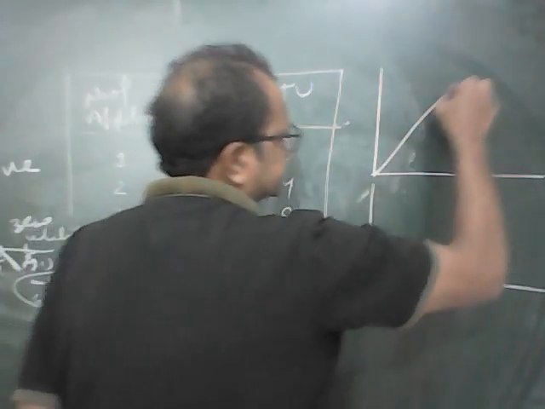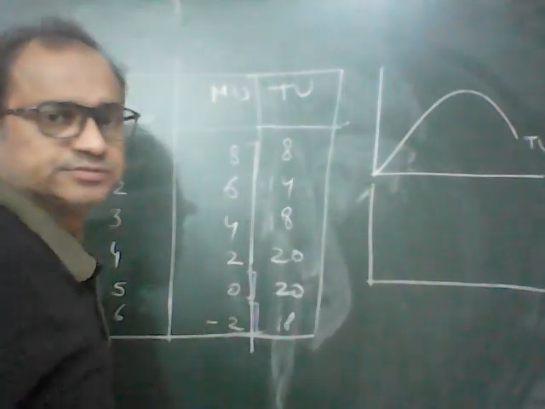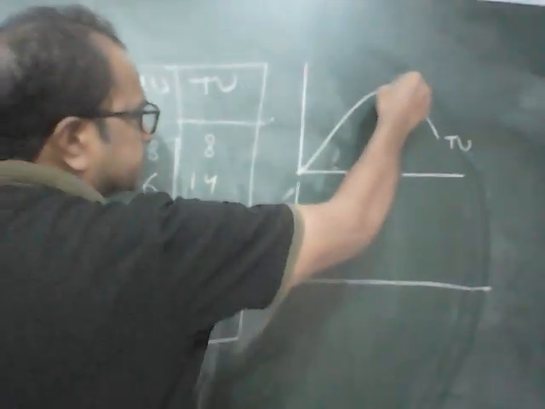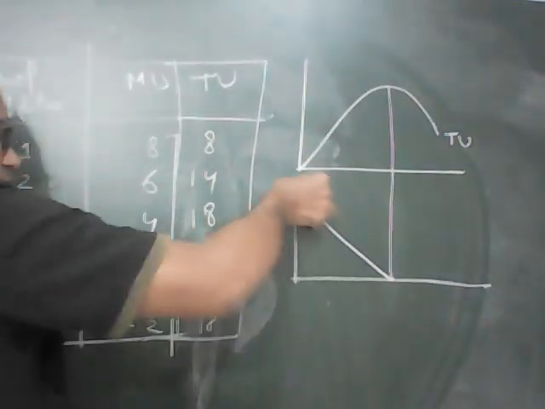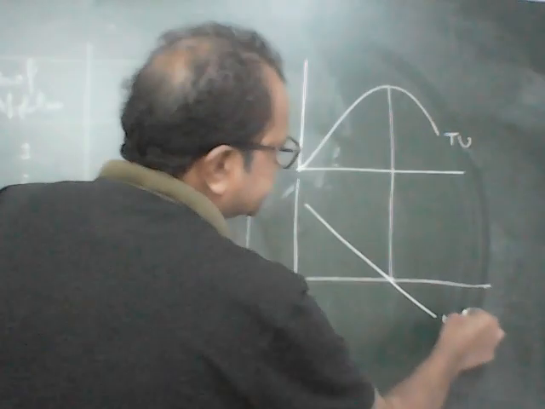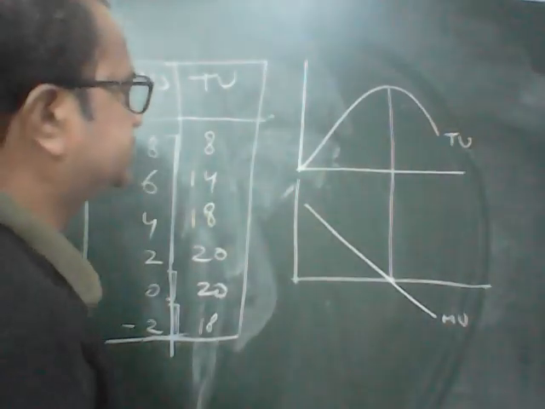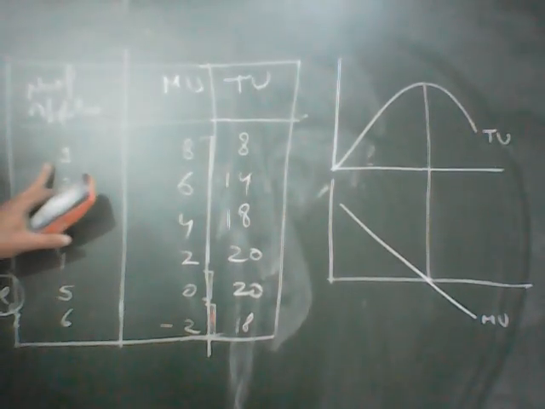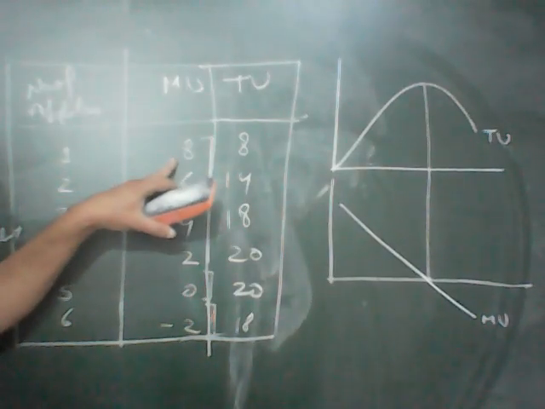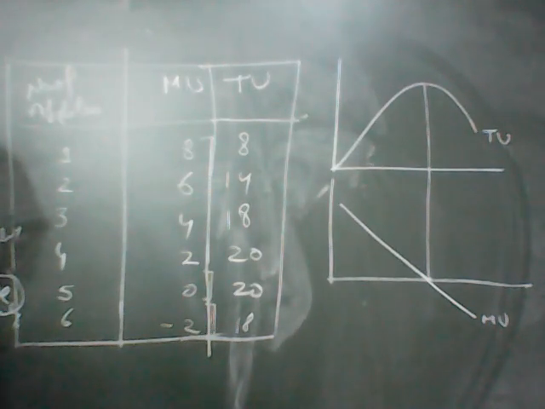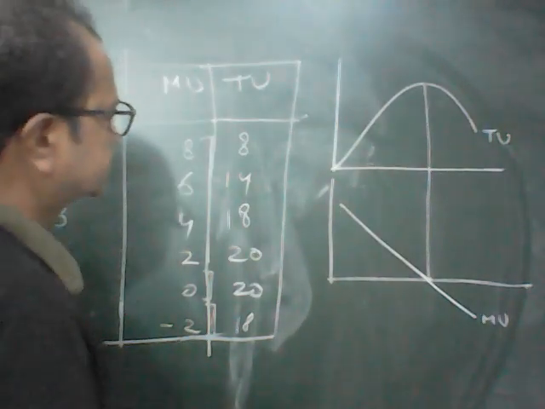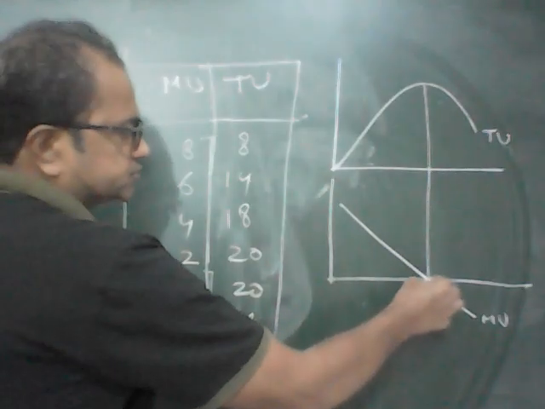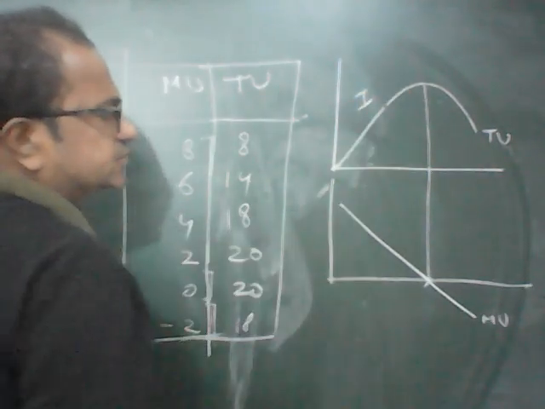This is first, total utility, and marginal utility. As the table is showing, on the first unit of apple the consumer gets utility of 8. There are three cases.